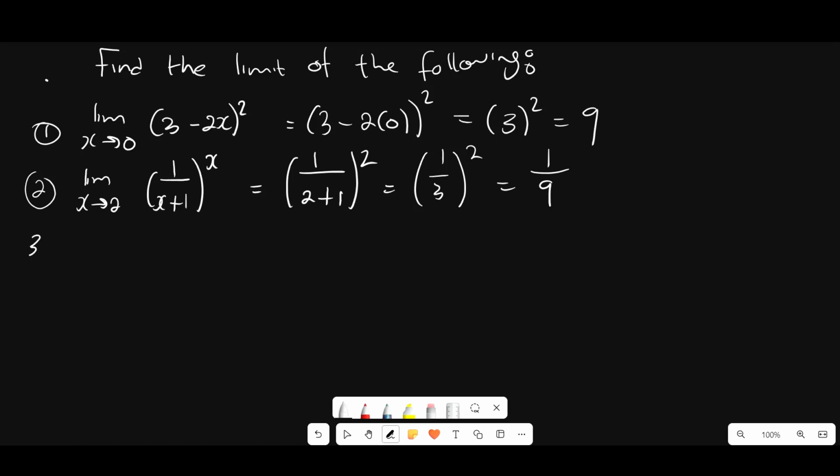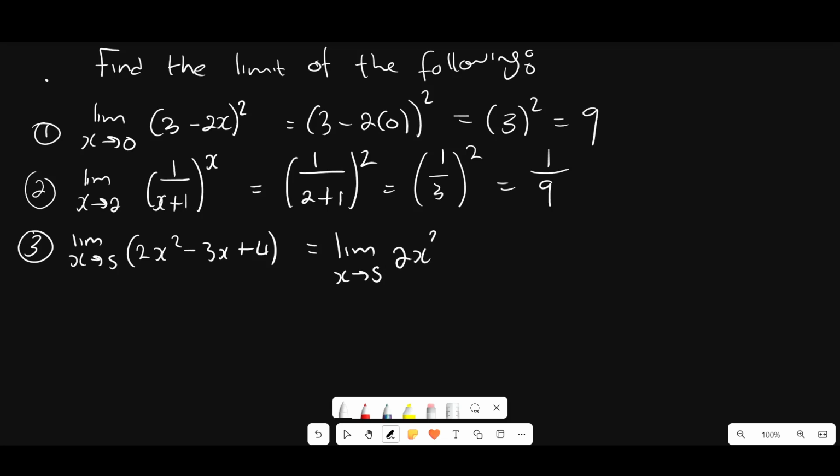So let's look at number 3. Let's look at another example. Let's say we have the limit as x approaches 5 of 2x squared minus 3x plus 4. Well, this is the same as the limit as x approaches 5 of 2x squared, minus the limit as x approaches 5 of 3x, plus the limit as x approaches 5 of 4.